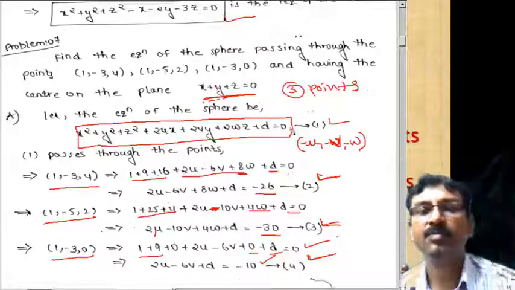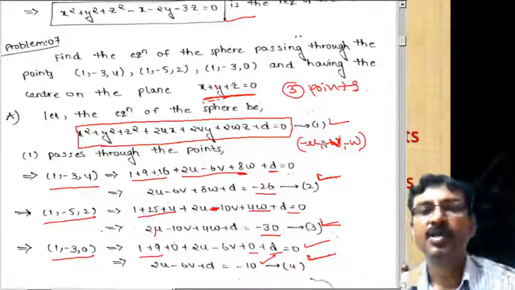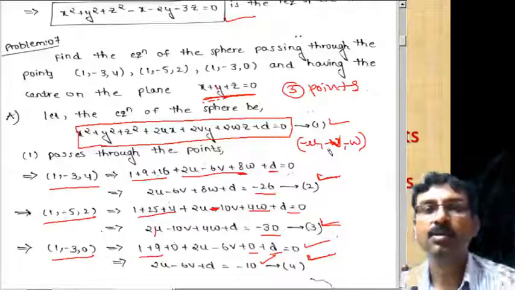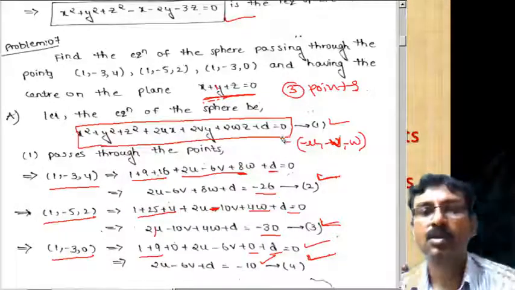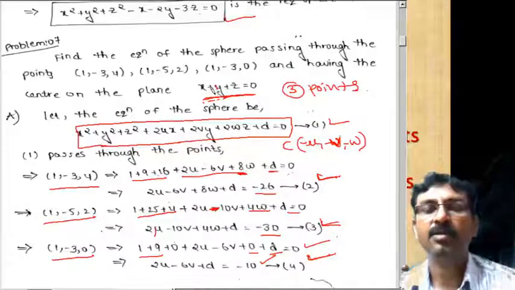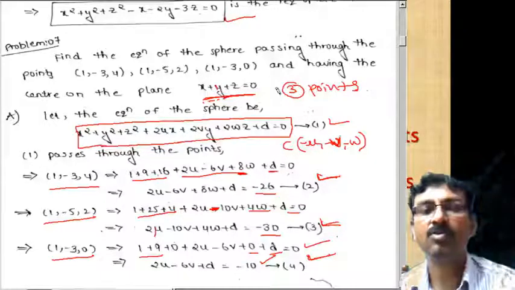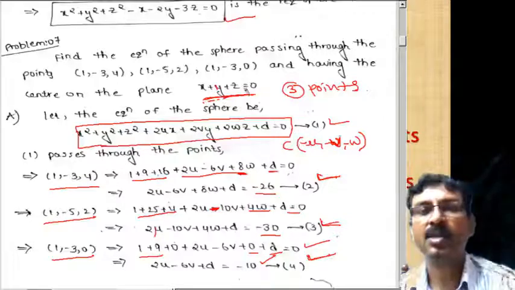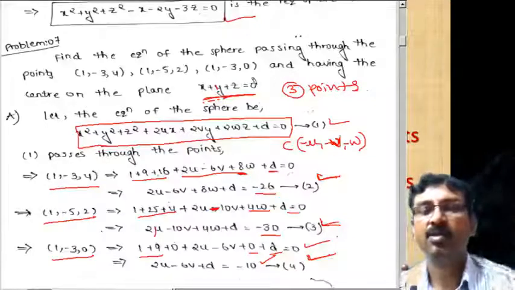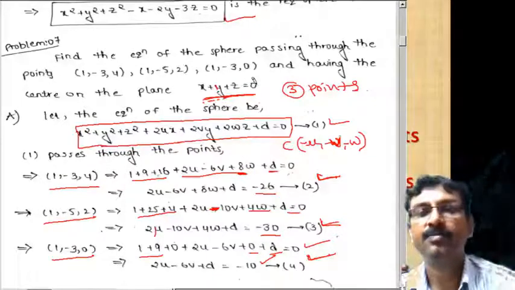Here is the center, and the center lies on the plane x plus y plus z equal to 0. So once the point C lies on the plane, we substitute these, and left side and right side both are identical.